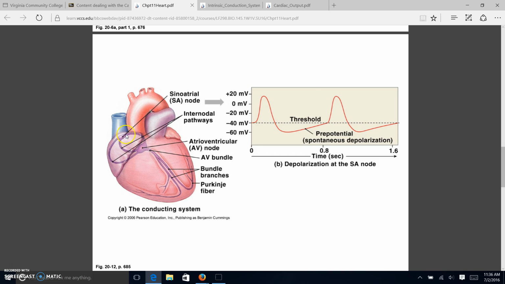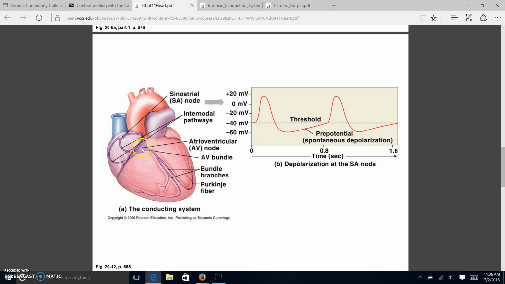So we have some of the signal running across here, and the signal then runs down the internodal pathways to the next node called the AV node or atrioventricular node. Now this picture makes it look like the AV node is sitting maybe in the ventricles, but in reality it's sitting in the wall of the right atrium still, and then this area called the AV bundle is actually the first place where the signal crosses from the atrium into the ventricles.